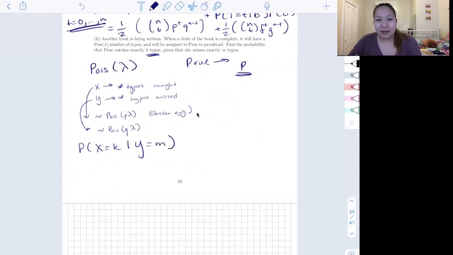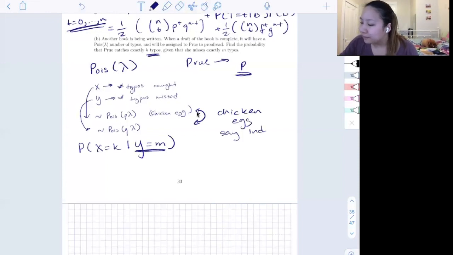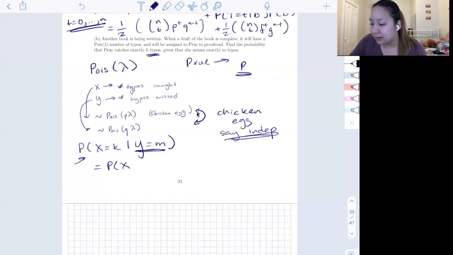Note that by the story of the chicken egg, these two are actually independent, and that's just chicken egg. So this is what we're looking for. Since X and Y are independent, this is just going to be equal to the probability X equals K.